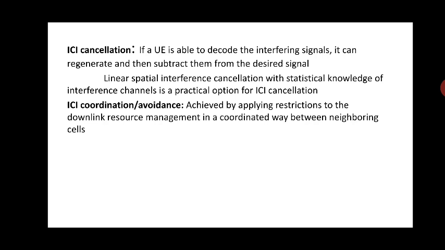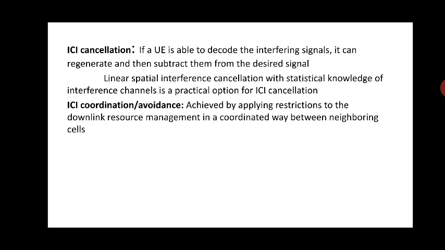Alternately, the cancellation can also be performed in the spatial domain, by using filtering techniques, processing the signal through which we can eliminate this. That is linear spatial interference cancellation with statistical knowledge of interference, using a filtering technique with advanced digital signal processing techniques.